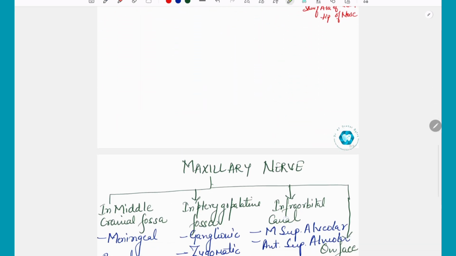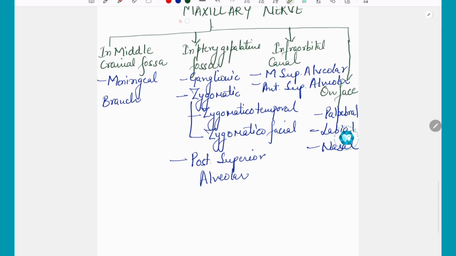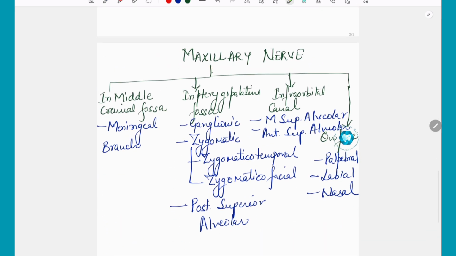Next, let's come to the maxillary nerve. This is also a sensory nerve. It has further branches. In the middle cranial fossa, it has the meningeal branch. In the pterygopalatine fossa, it has the ganglionic branch, the zygomatic branches, that is the zygomaticotemporal and the zygomaticofacial.